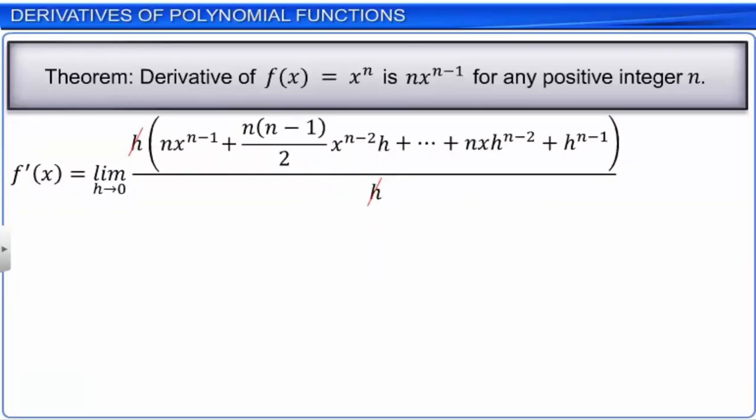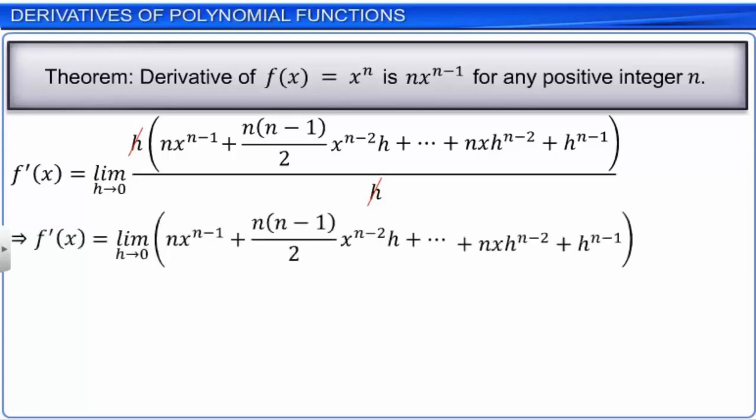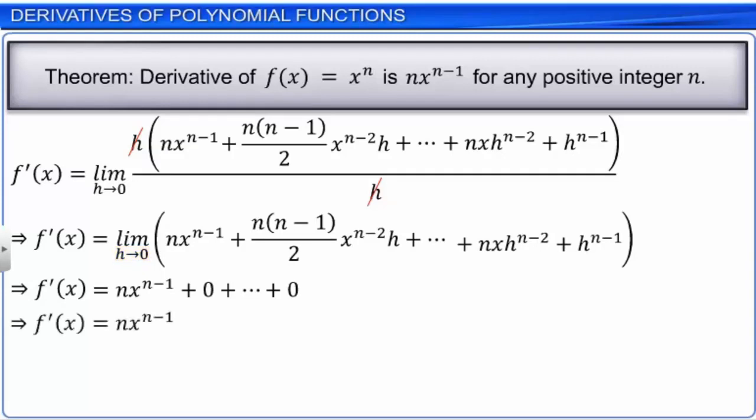Eliminating the common terms, the derivative can be represented as shown. As h tends to 0, all the terms containing h on the right-hand side vanish. Therefore, the derivative of x power n is equal to nx to the power of n minus 1.